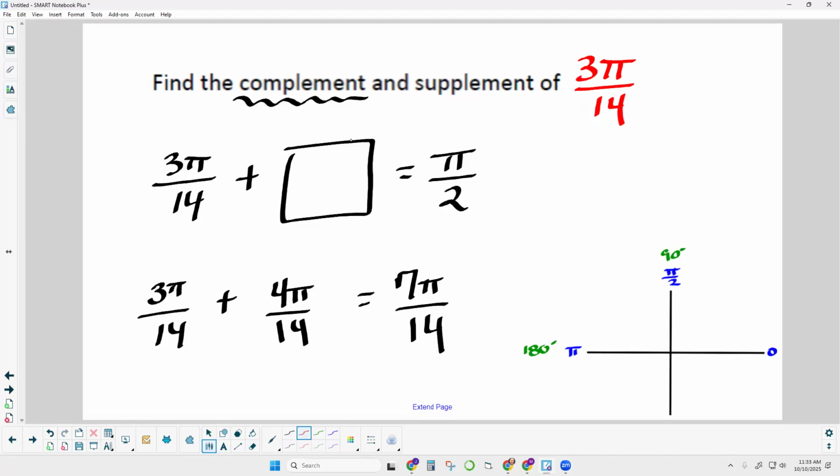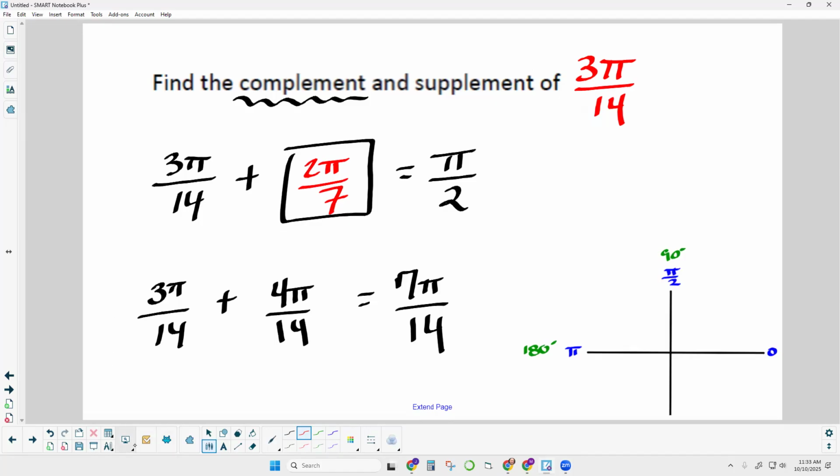So my complementary angle here would be 4 pi over 14. Now, I can simplify this fraction, so I want to go ahead and do so. I would replace that with 2 pi over 7. And that is my angle in radians. That is the complement of 3 pi over 14.